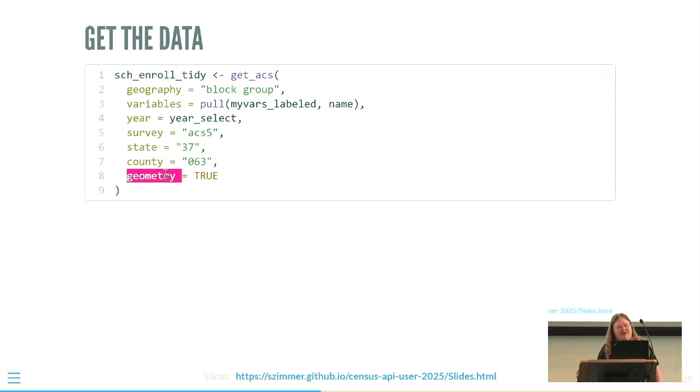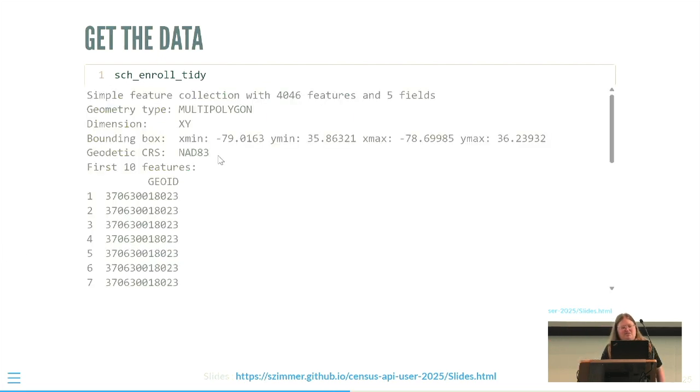And I said geometry equals true, which means this is not going to return a data frame. This is going to return an SF object, which is great. I'm going to make a map from this data in like two steps. So what this returns is an SF object, which is a great way to quickly make maps.